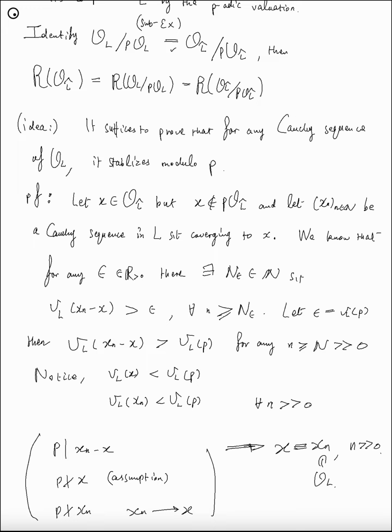This is just saying that when we're talking about a Cauchy sequence, elements become closer and closer, so because this is a p-adic valuation, their valuation will be bigger and bigger, and then modulo p it becomes stationary, right? There's nothing special there.